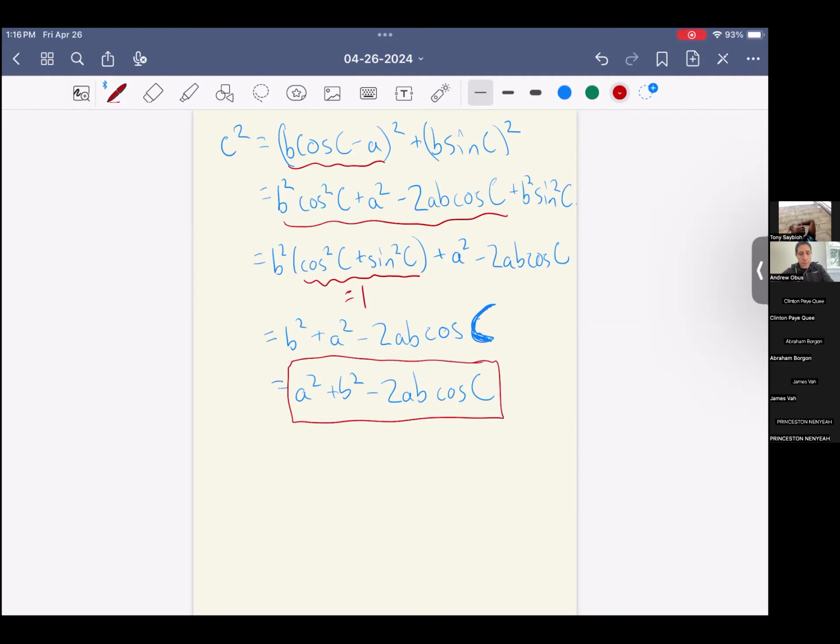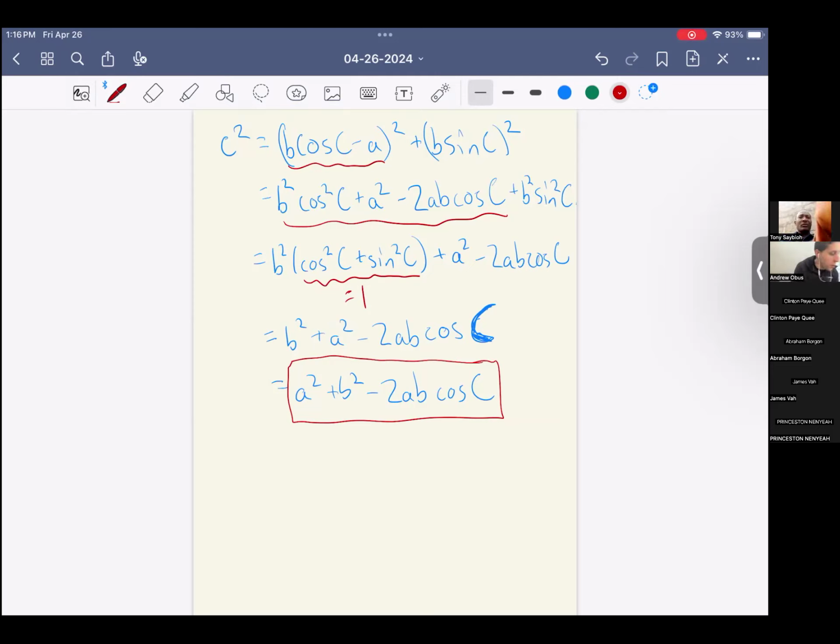All right, so any questions about this derivation here? Okay, great. So this is the law of cosines.